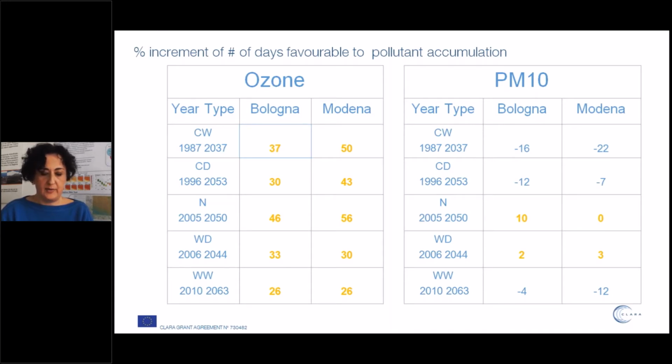In the case of PM10, the increment is negative for three types of year: cold wet, cold dry, and warm wet. It ranges between -4 and -22%. For warm dry and neutral, the percentage increment is slightly positive, between 2 and 10%.